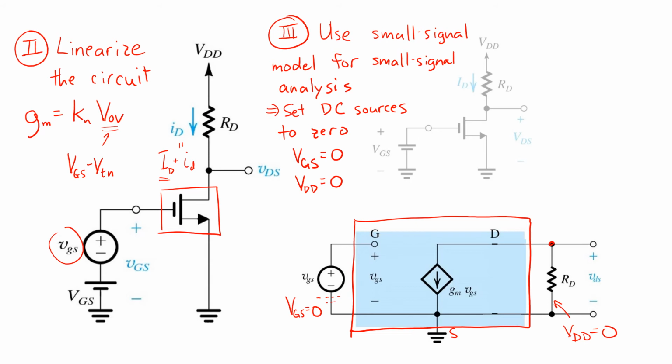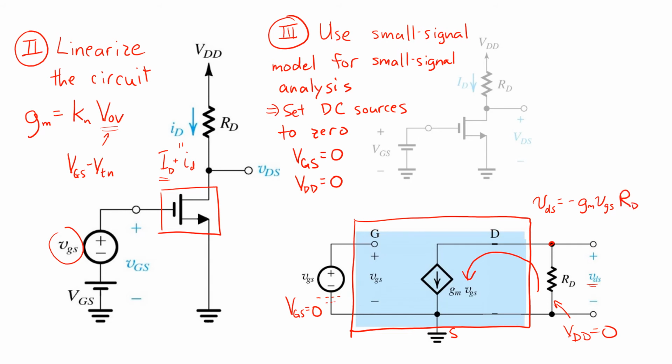And remember now that we're only solving for the small signal quantity, all lowercase VDS. We can very easily see that VDS equals negative gm VGS, which is this current, times RD.